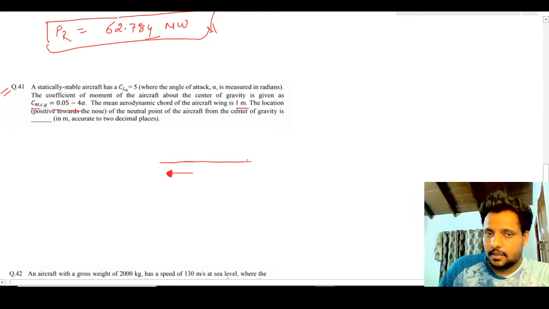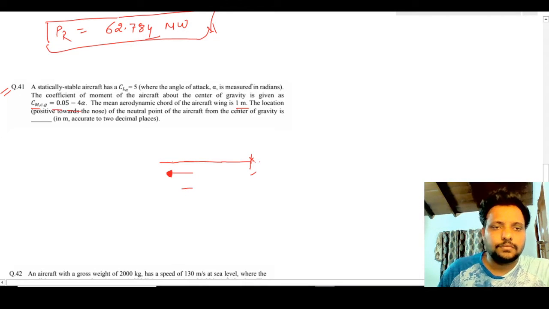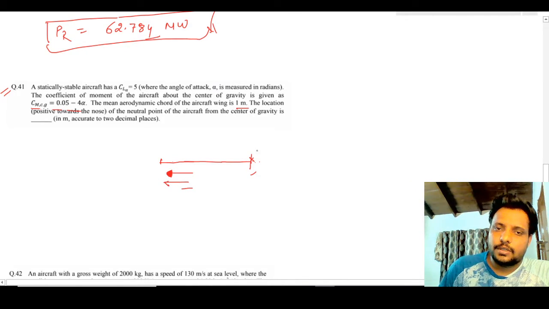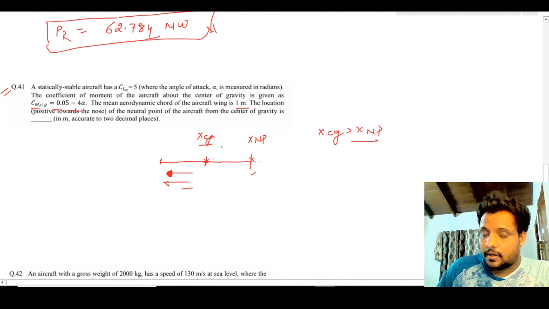That means this is the reference point and we have to move from here to here, towards the nose. So if this is the neutral point and this is CG, in this case we can say XCG is ahead of the neutral point, just for this case.